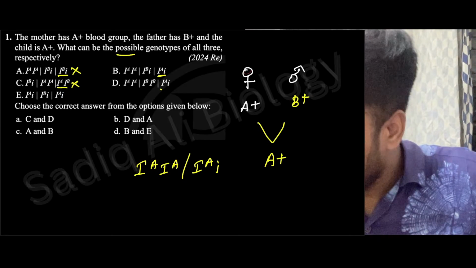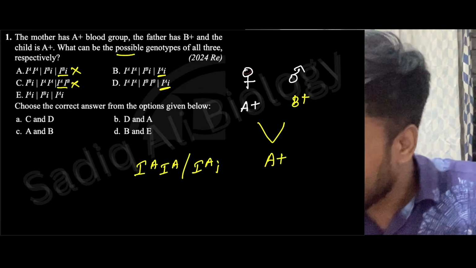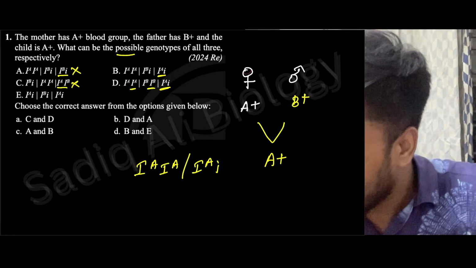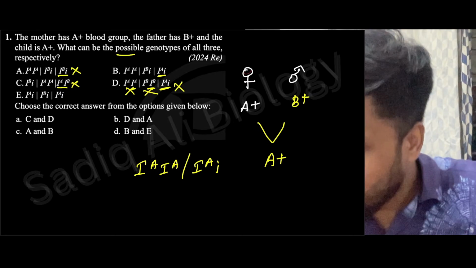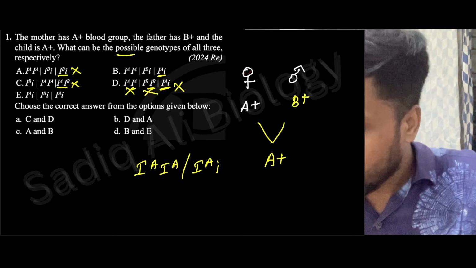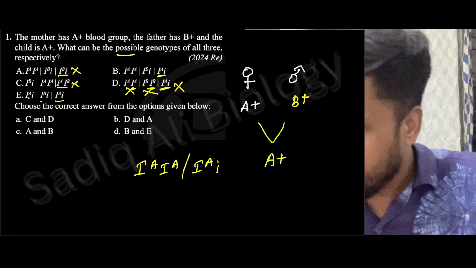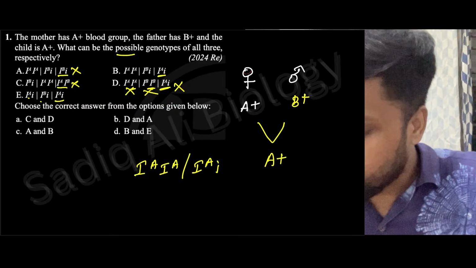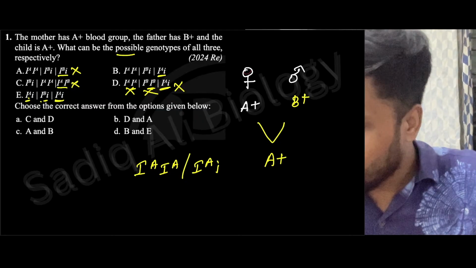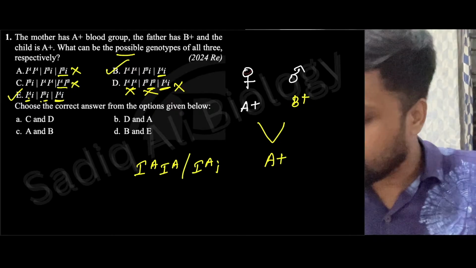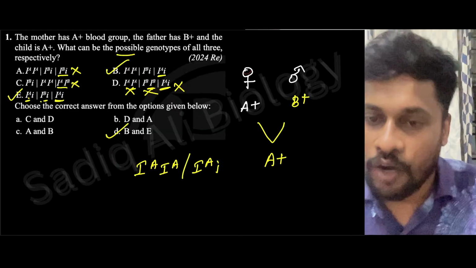Now here one small i, at least it should come from at least one parent, but none of the parents have small i, so this won't be the answer. When you take here IA small i, A blood group, B blood group, A blood group, here IA small i is possible. If this one and this one cross, we will get IA small i. So B is possible as well as E is possible. Answer will be option D. Yeah, very good. Option D is the answer.